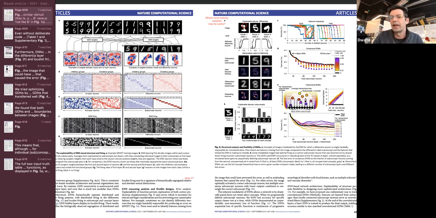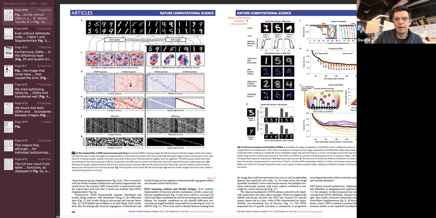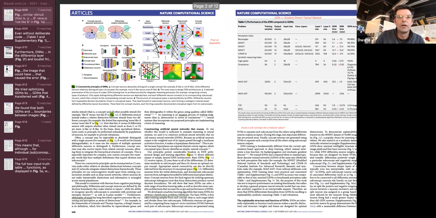And then it is those clusters that essentially become the sub-concepts that you then train your differentiator and concept neurons on, as I understand it.